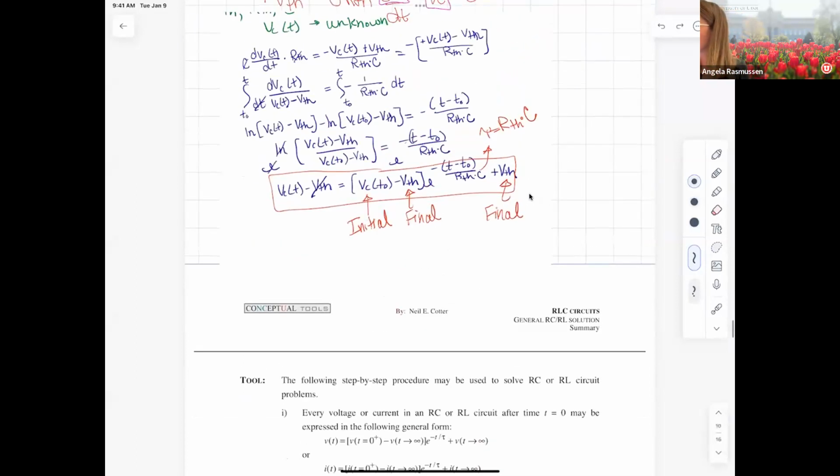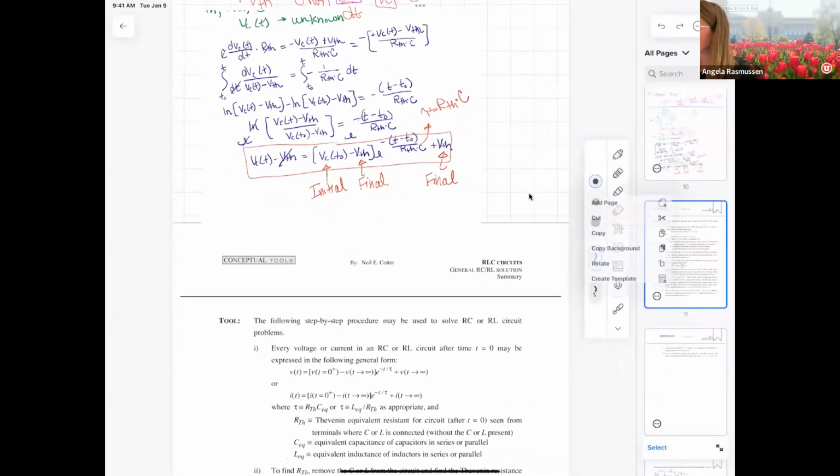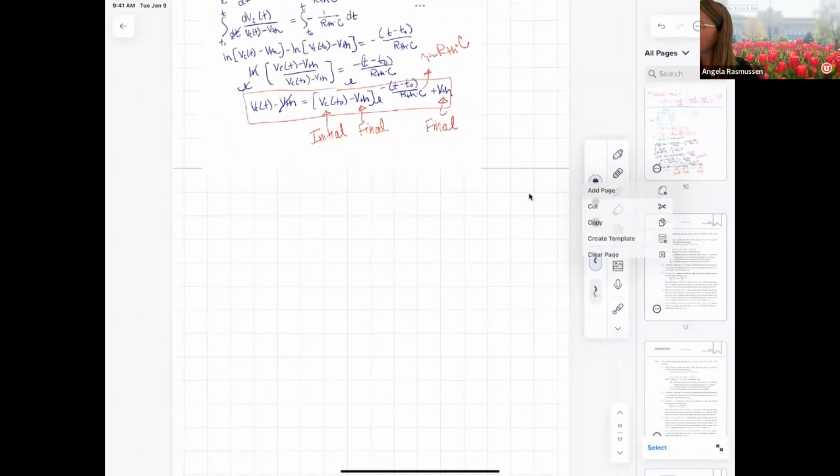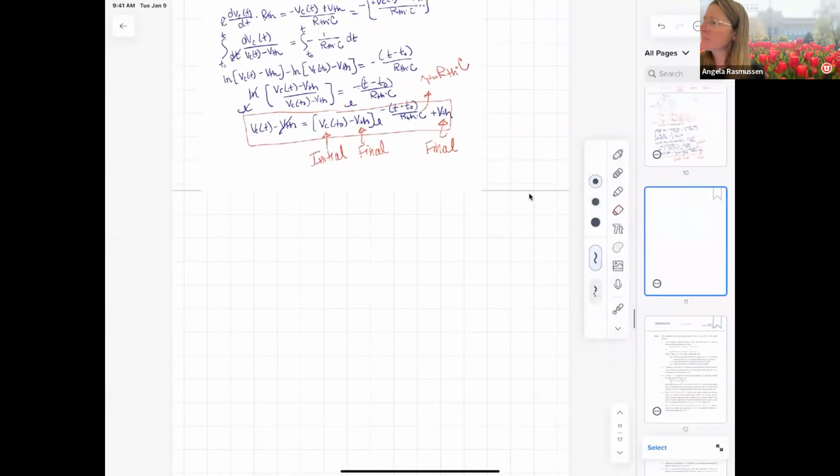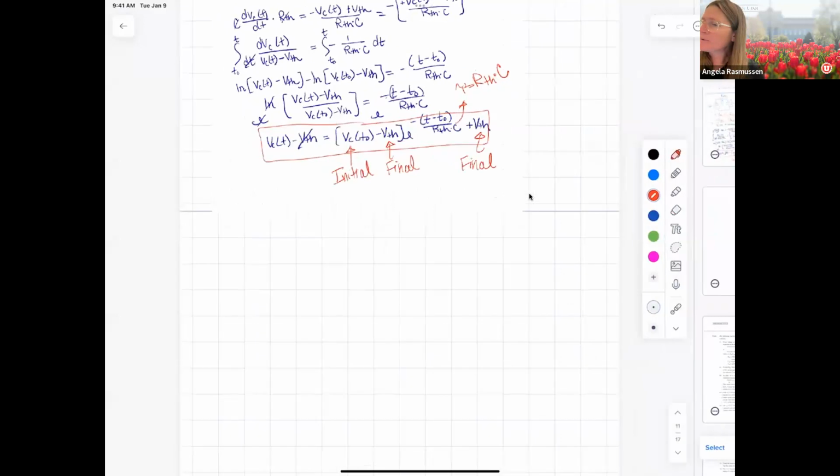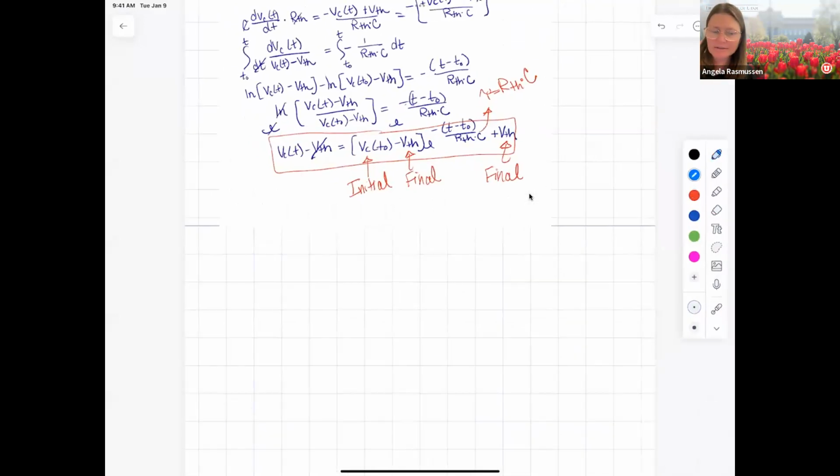All right, I've put one more page in here. So in summary, I went through and said, memorize. So understanding is for the capacitor: it stores charge, which relates to voltage.